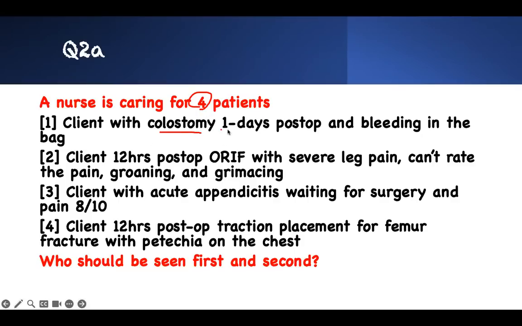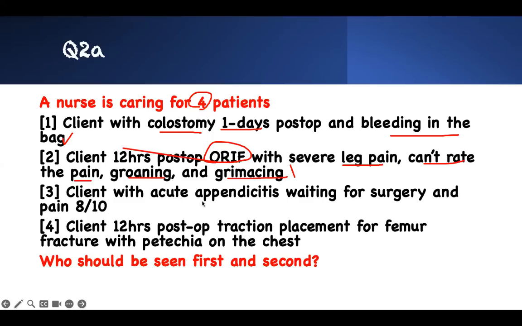A client with a colostomy, 1 day post-op, with bleeding. A client 12 hours post-op open reduction internal fixation with severe leg pain, who can't rate the pain, can't even tell you if it's 101, so bad. Groaning and grimacing, pain out of proportion. What do you think?